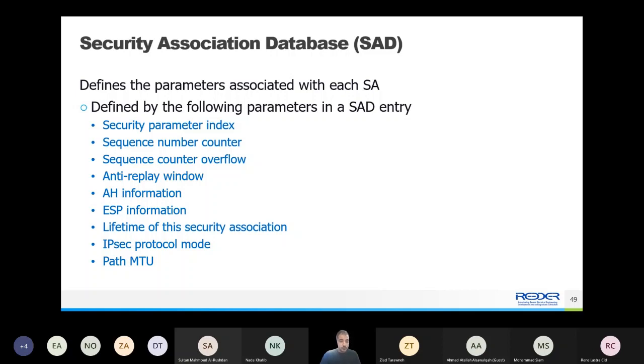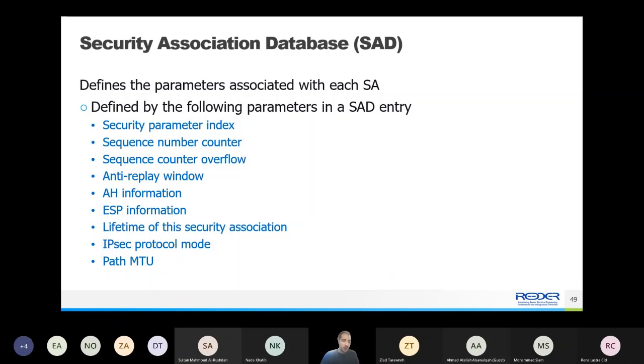The parameters are the following: a security parameter index, again a byte sequence that is selected regarding some conditions, a sequence number counter, a sequence counter overflow, an anti-replay window, AH information, which is the authentication header, and ESP information, which is encapsulating security payload.